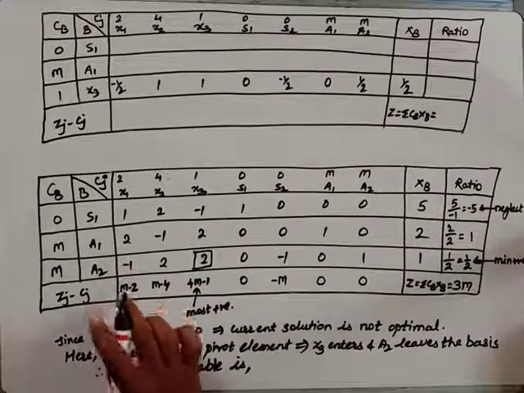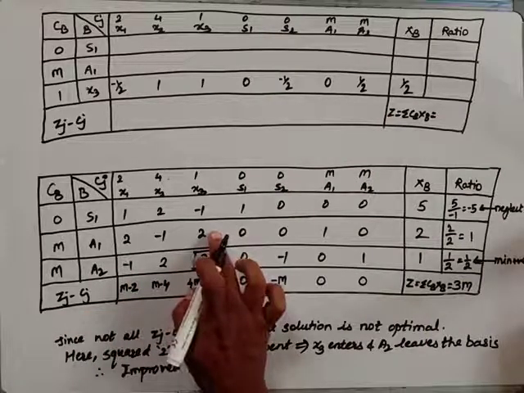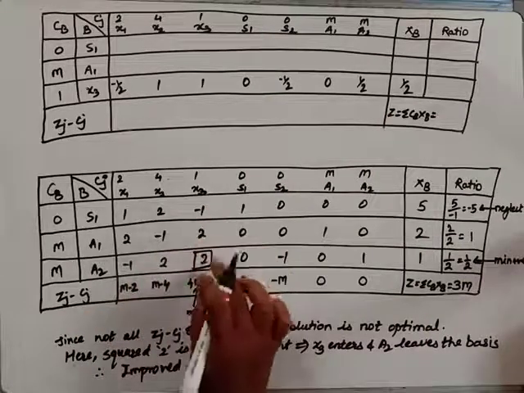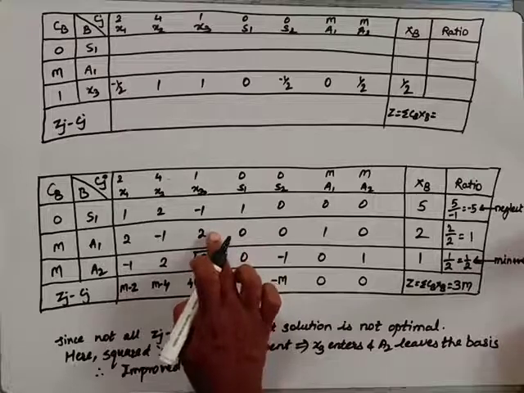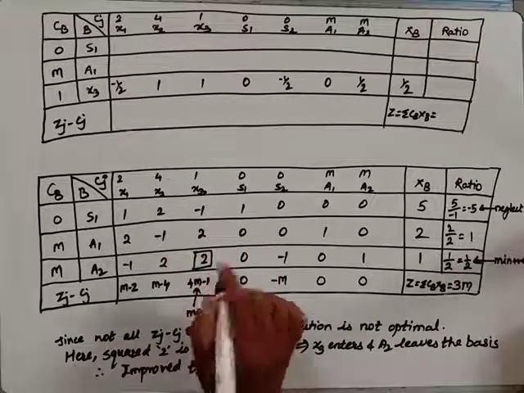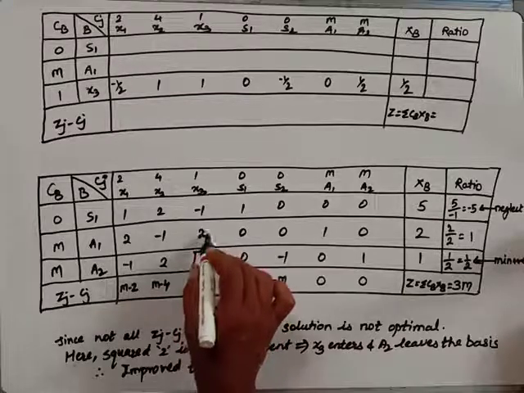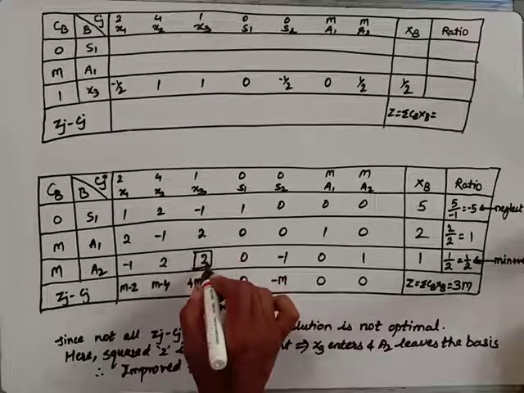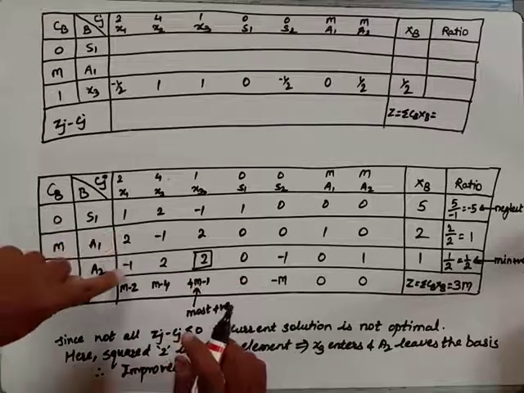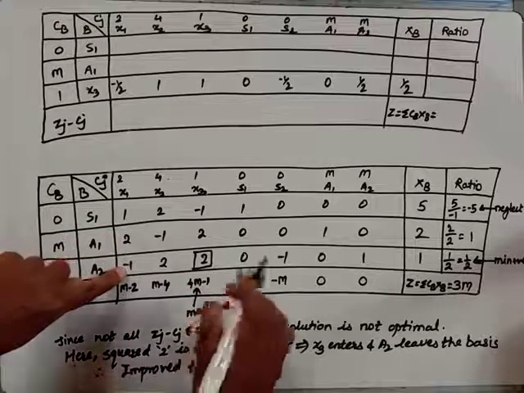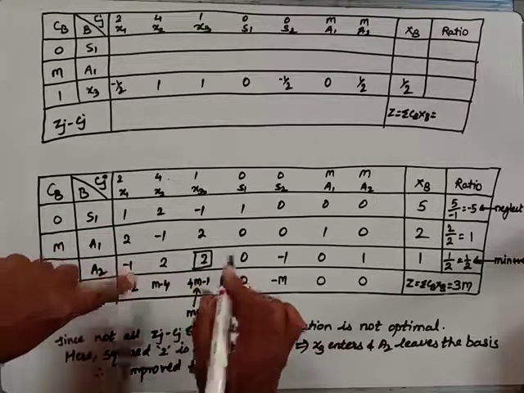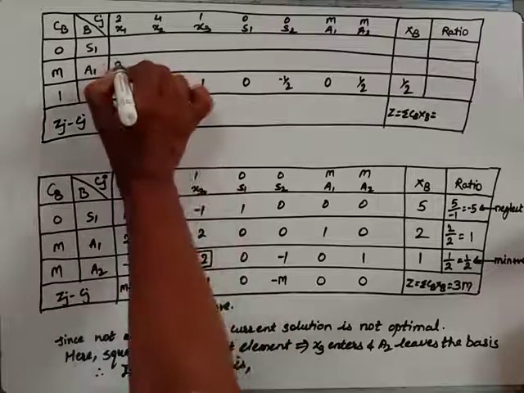Now we have to make these entries 0. So for making this entry 0, let us do the operation R2 minus R3. We have to make changes in R2. So R2 minus R3. So 2 minus of minus 1 will become 3. So here I get 3.